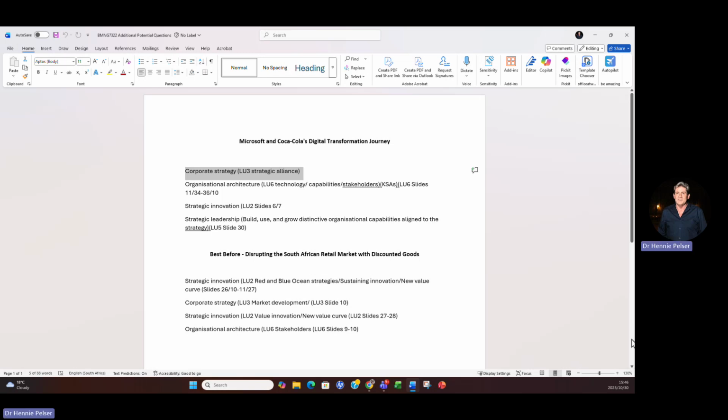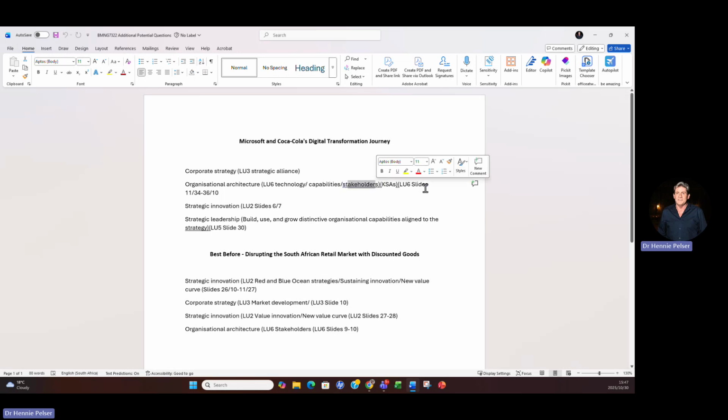There are quite a few references to potential organizational architecture and the issues within that. You'll see the technology component and how organizations use technology as a building block. Capabilities: how they use capabilities to maximize what they can get out of their resources.